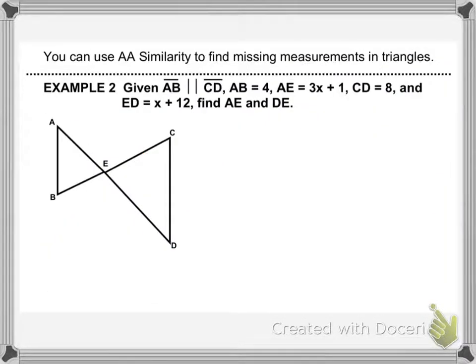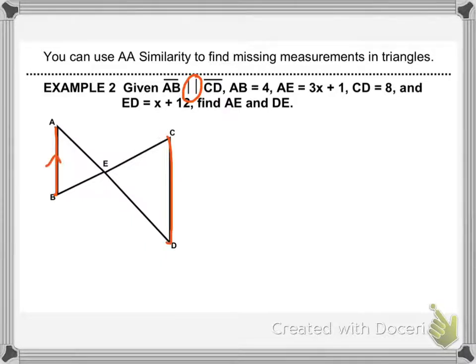So not only will you need to prove that triangles are similar, but sometimes after you've proven that they're similar, you'll have to find some missing measures. So that will kind of go back to the similar polygons notes. So let's look at this one. We're not told we have similar triangles, but we are told that segment AB is parallel to segment CD.